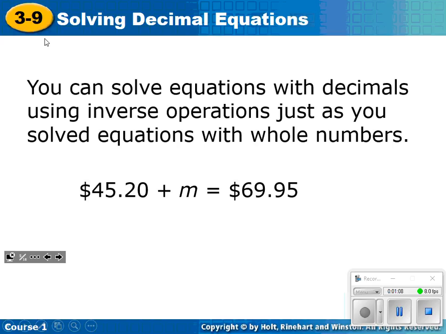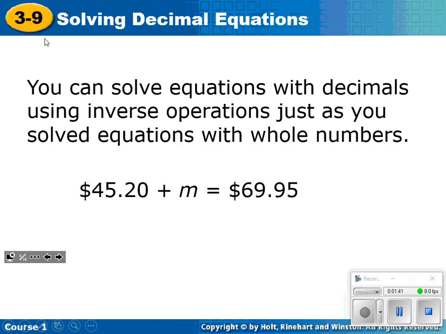You have this problem: 45.2 plus m equals 69.95. Remember our rules of algebra. What's the first thing I have to look for? Find out what's happening to the letter. 45.2 is being added to it.